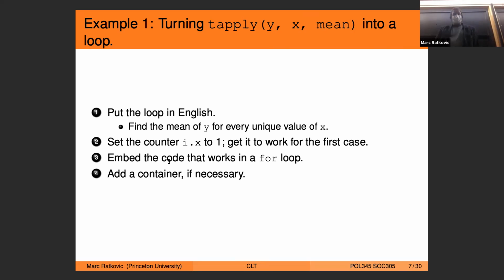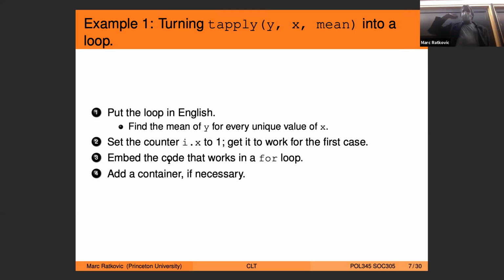The second part is you set the counter i.x to 1 and you get it to work for the first case. So you just get it to work for i.x equals 1. And then you put it in a for loop and you add a container if you need it. The struggle that many people have with loops is that you never write them in the order in which they are finished. You write them from the inside out.